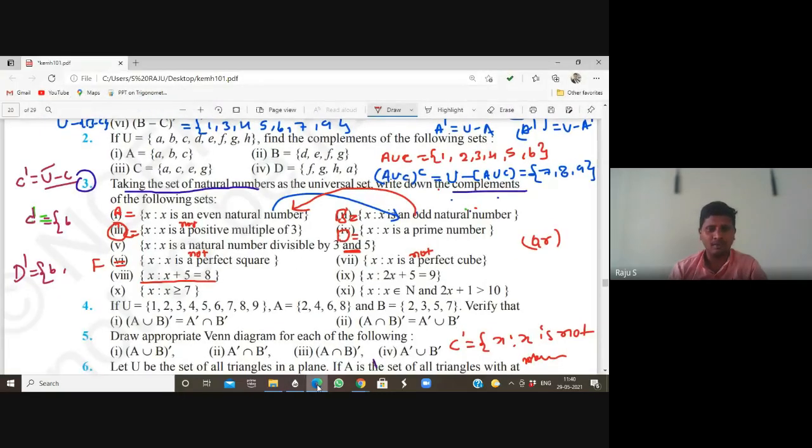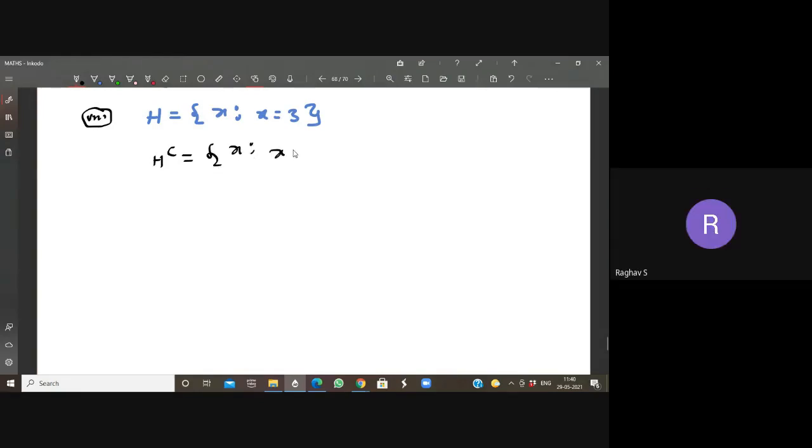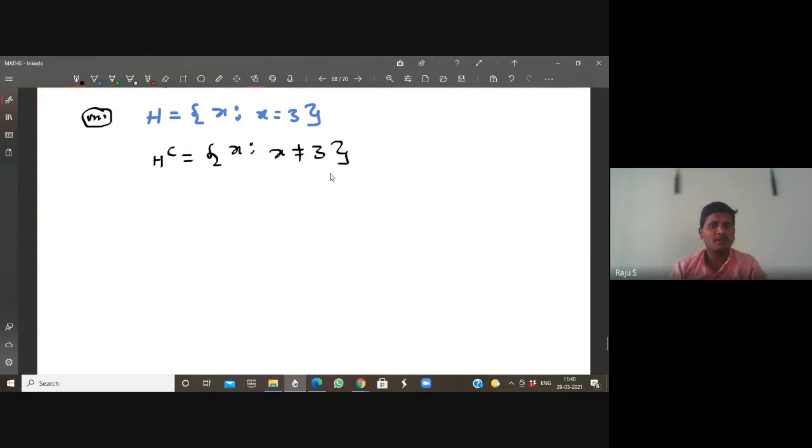X plus 5 is equal to 8. You can take 5 to the right side, 8 minus 5. Shall I write this, sir? Yes. 3. X such that X is equal to 3. Okay, right. Now, H complement is what? X such that X belongs to natural numbers and X not equal to 3. Simply you can write not equal to 3.